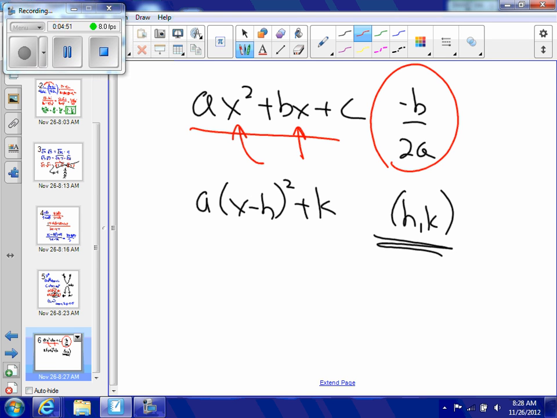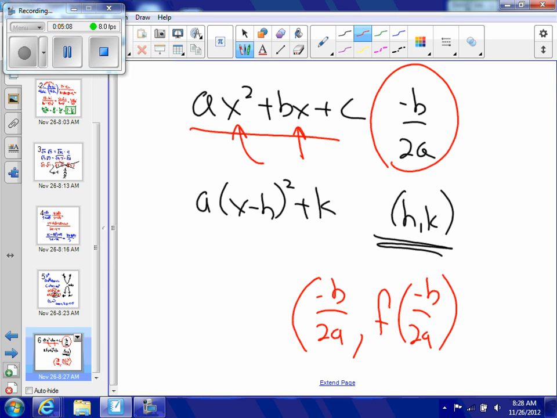That's the x value of my vertex, so my vertex in standard form is negative b over 2a for the x value, and the y value is f of negative b over 2a. That is, taking negative b over 2a and plugging it into the function. Then I get the y value, and I have both coordinates of my vertex. And once I know both coordinates of my vertex, I know the minimum or the maximum.